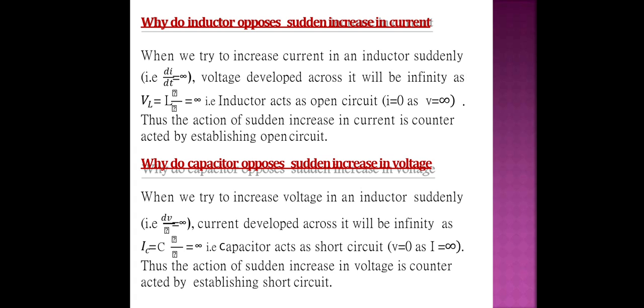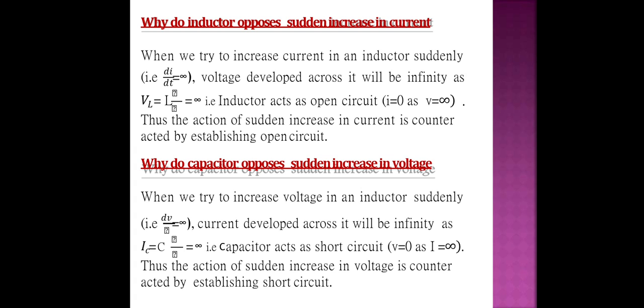If you take a capacitor, when we try to increase the voltage suddenly, dV by dt is equal to infinite, so the current developed across it will be infinite, as IC is equal to C dV by dt. While the voltage changes suddenly in the capacitor, the current developed across it will be infinity, as dV by dt tends to infinity.